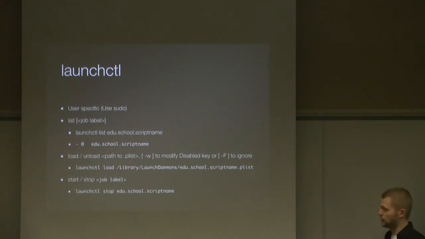And then you'll see that label that identifies your job, that reverse DNS label. To load and unload, you just call launchctl load and then the path to your launchd plist. Once it's loaded, again, you can't load the same job twice. You can do a list, you'll see that label in there as it's loaded, and you can start and stop it.